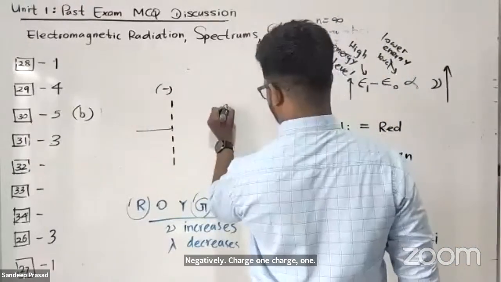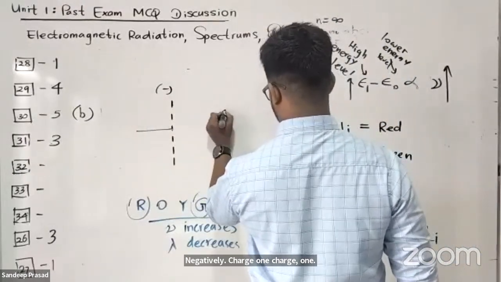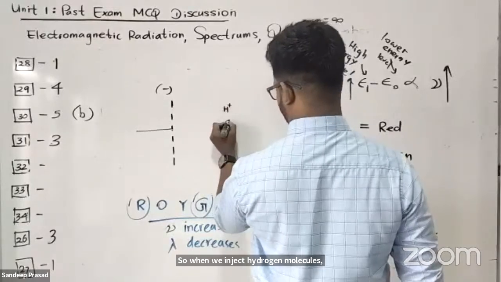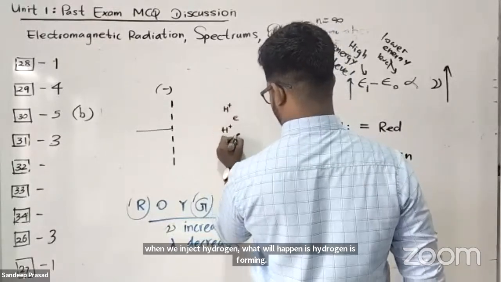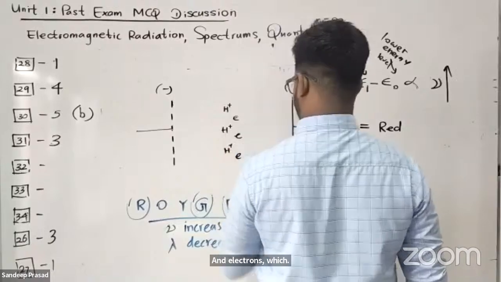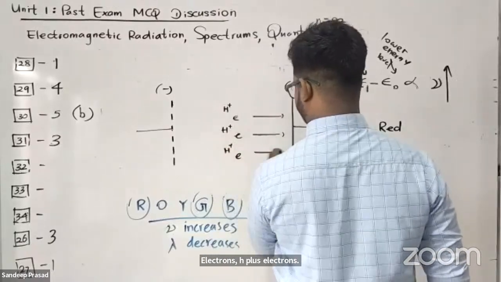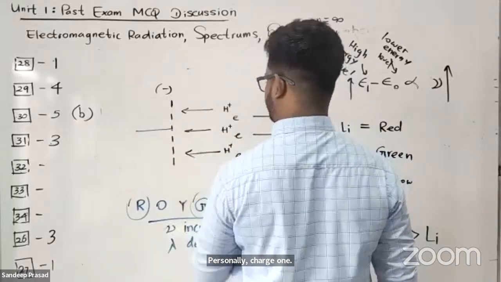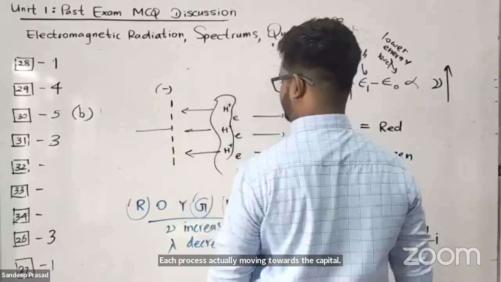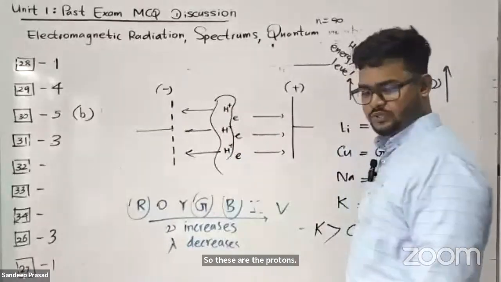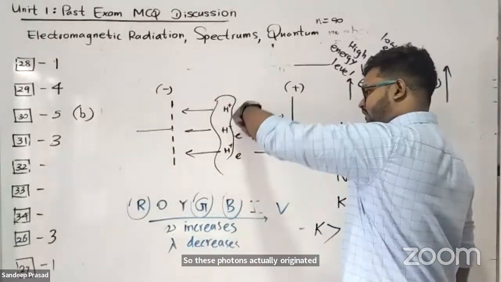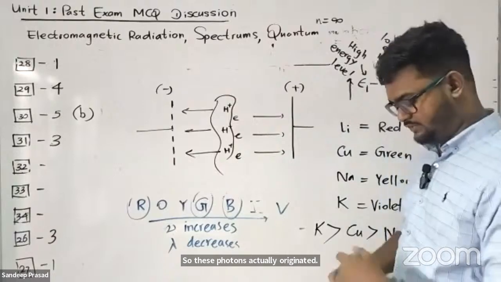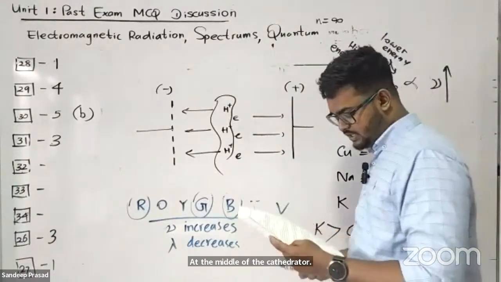When we inject hydrogen molecules, hydrogen forms H plus and electrons. The electrons travel towards the positively charged one, and H plus moves towards the cathode. These are the protons, which originated at the middle of the cathode ray tube. So therefore that is wrong.